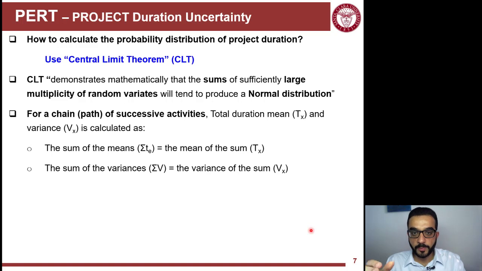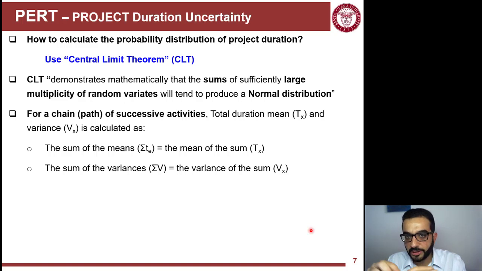So for a chain or path of successive activities, I'm not adding all activities or durations of all activities. I'm just following a chain or a path of them. The total duration and the variance of that path or chain will be as follows. So the sum of the means will be equal to the mean of the sum.